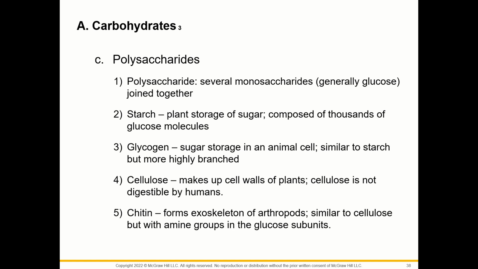Starch, you know of with rice and bread. That is how the plant stores its nutrients that it needs, and humans have figured out how to cultivate that so we can use it for our food. And then glycogen is how animals store their sugar in the liver and the muscles.